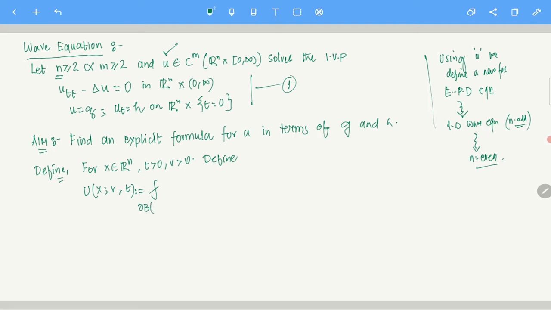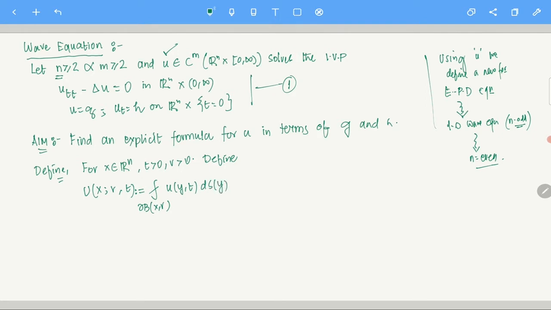See, u is given to us, right? I am assuming that we have a u and I want to write u in terms of g and h. Is it clear? So I am going to use small u, which is given to us, and capital U I am defining. This is the average over the sphere ∂B(x, r) of u(y, t) dS(y).